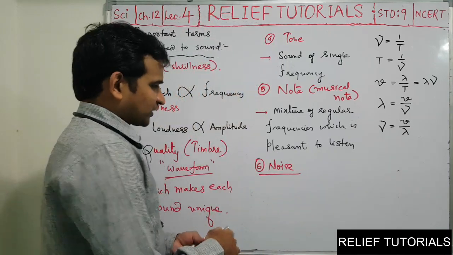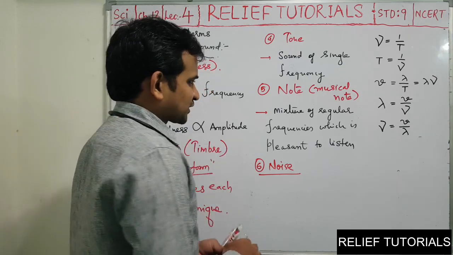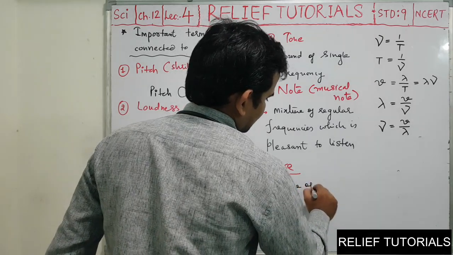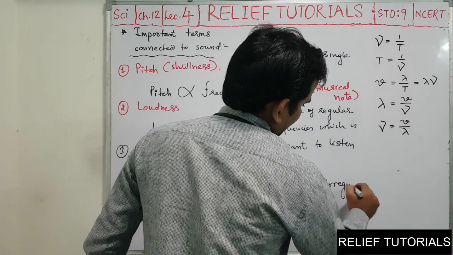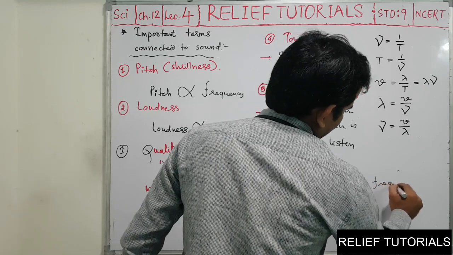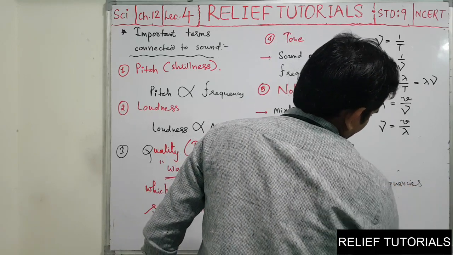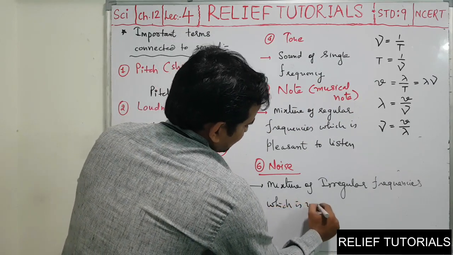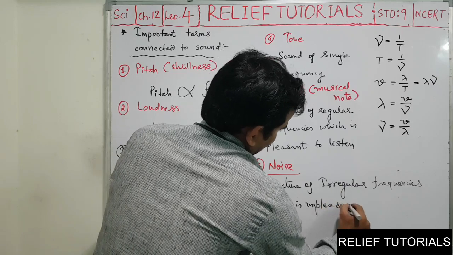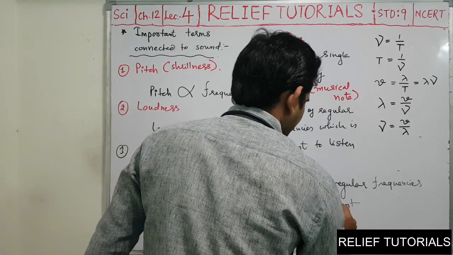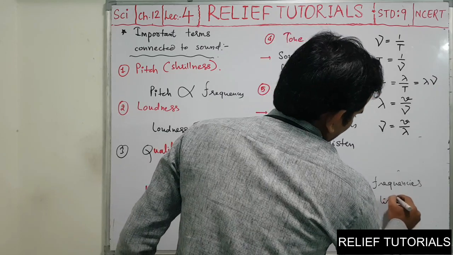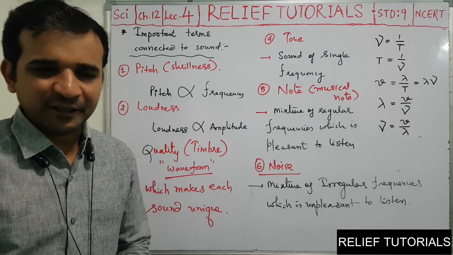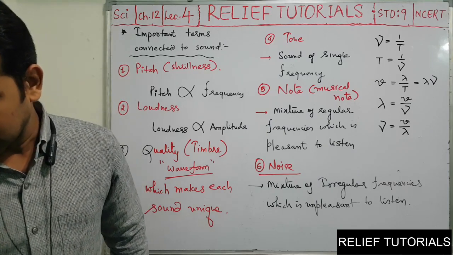So what do you mean by noise? Noise means a mixture of irregular frequencies which are unpleasant to listen to. It's a mixture of very irregular frequencies which is very unpleasant to hear.